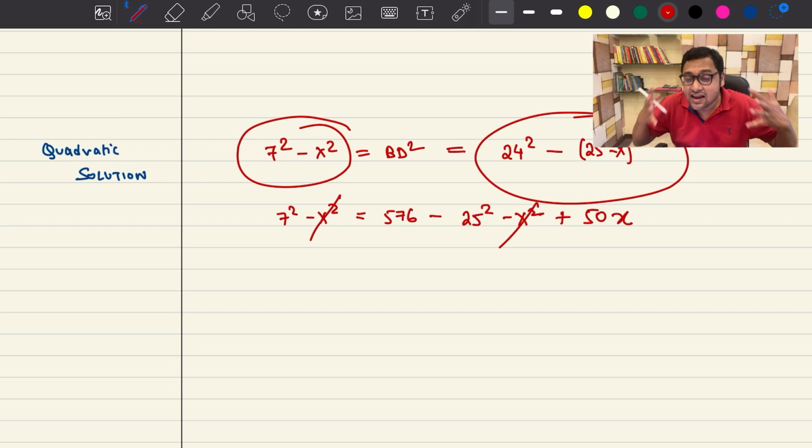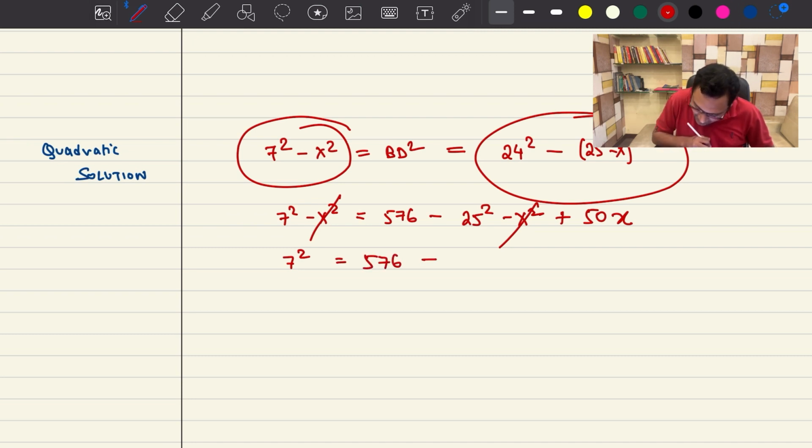And this is a standard thing that happens in quadratic solutions of geometric equations. The square terms get cancelled off, which is pretty cool because then you don't have to do the ugly quadratic formula thing. Okay. So now what you have is 7 square is equal to 576 minus 625 plus 50x.